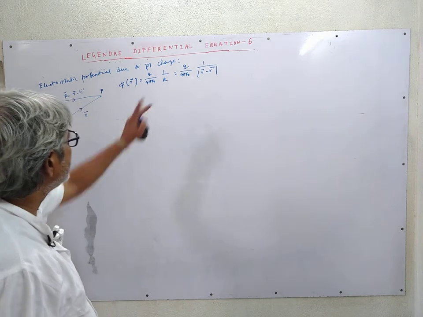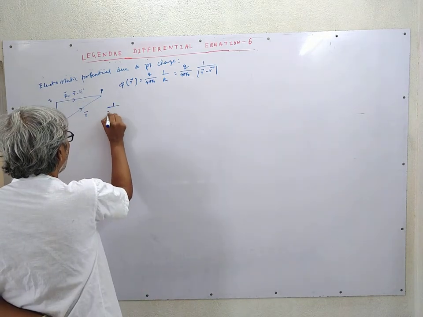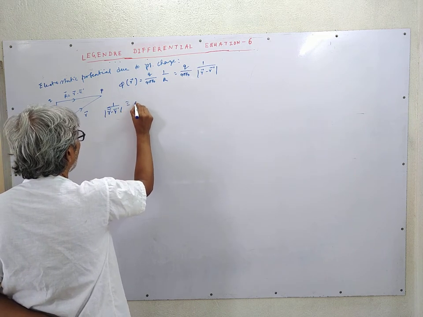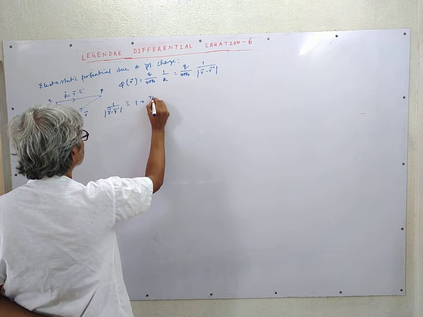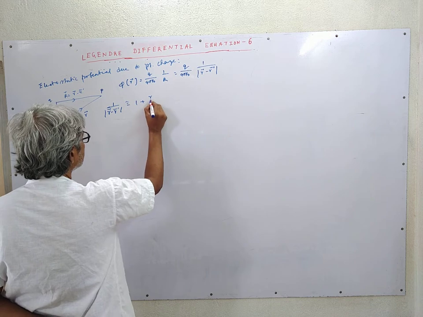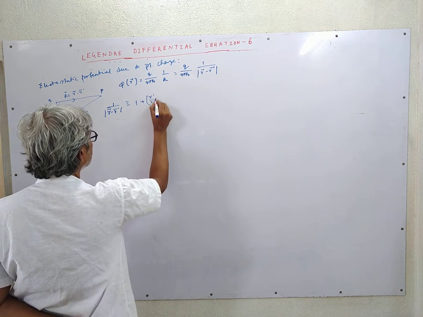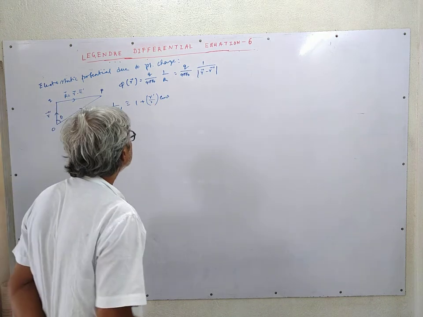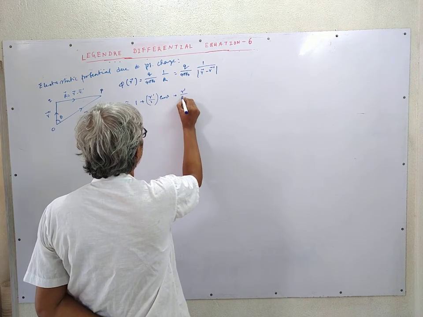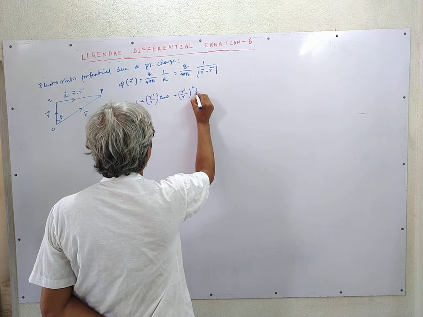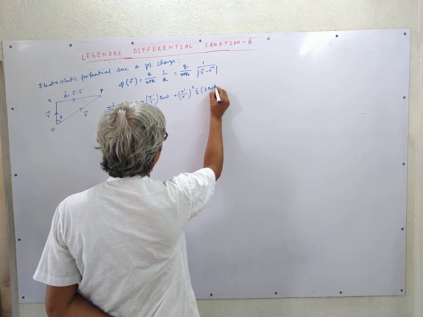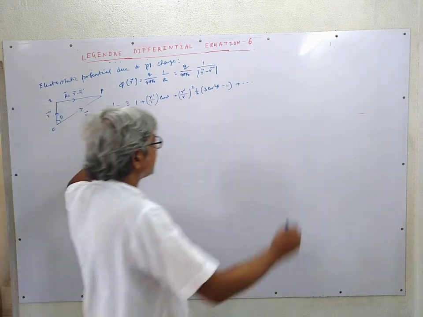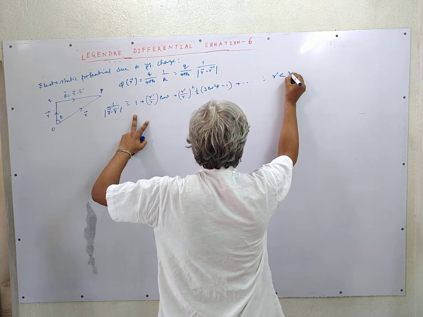In our earlier course, we expanded this 1 by modulus of r minus r prime in a binomial series in cos theta, where theta is this angle, with the assumption that r prime is less than r.